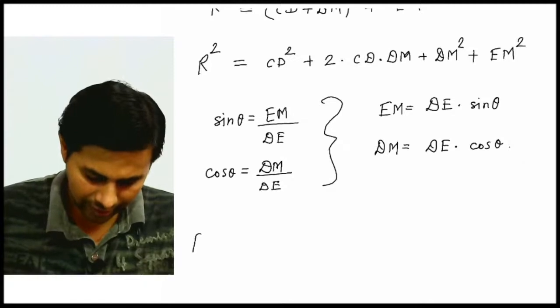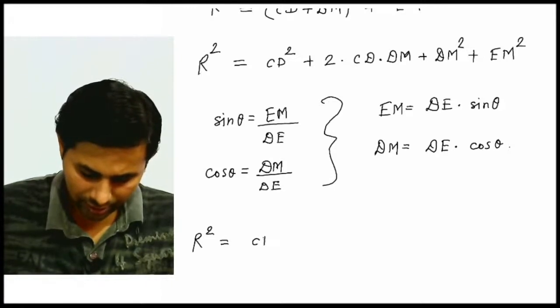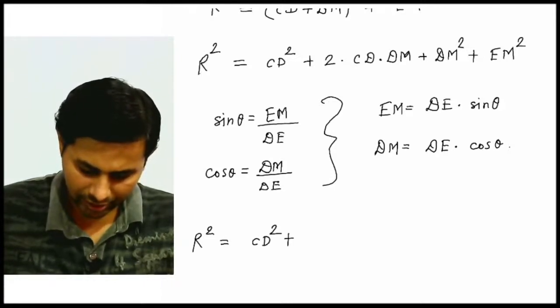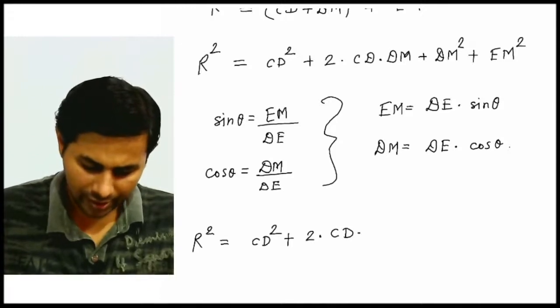So substituting, we get R squared equals CD squared plus 2 times CD multiplied by DM.